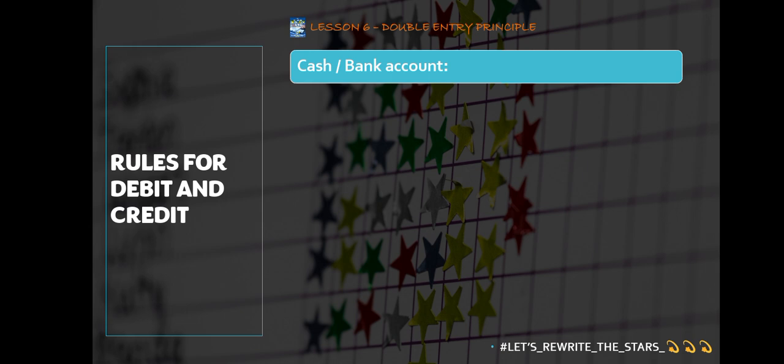When you are doing your recordings and you get a transaction that has a cash account or a bank account inside, then we are going to do the recording by debiting all receipts and crediting all payments.